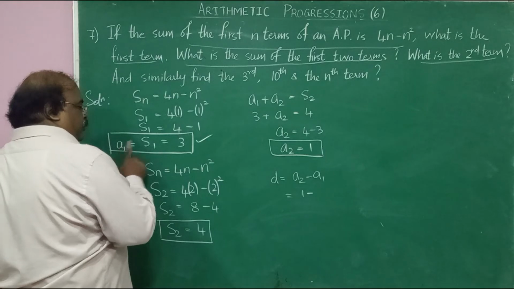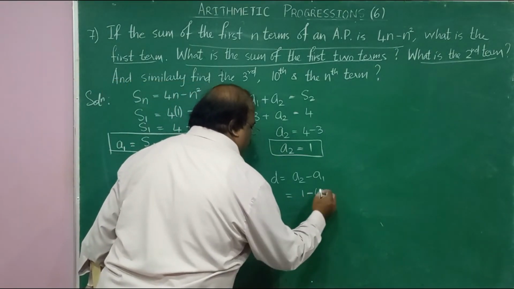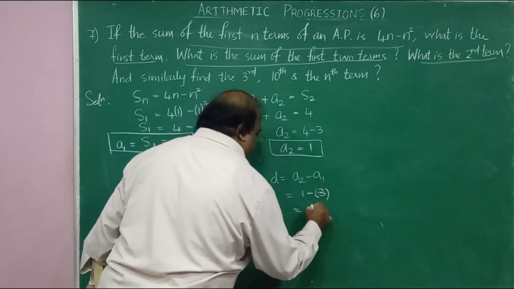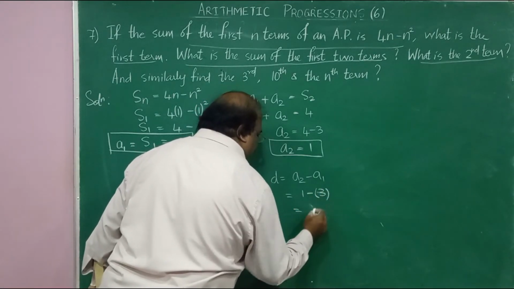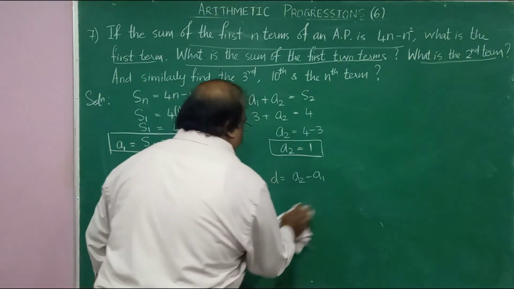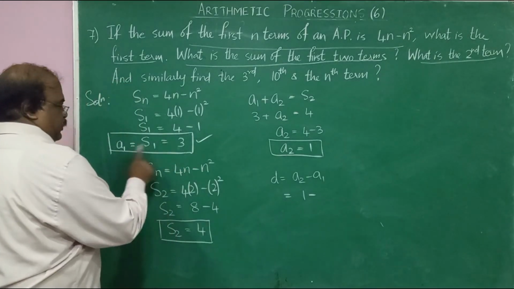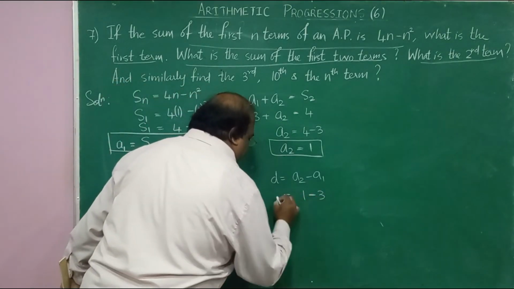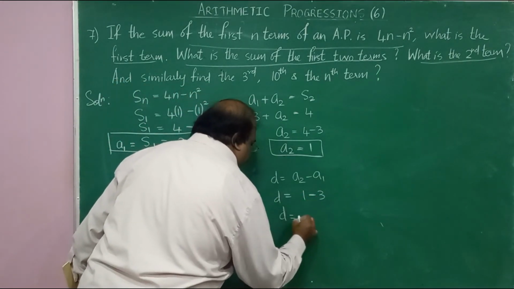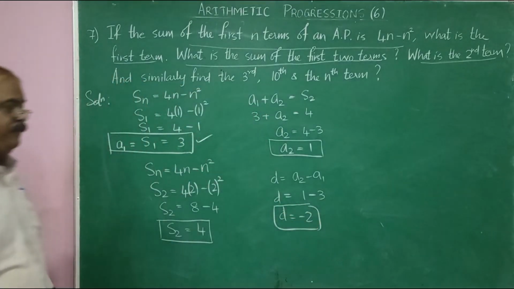What is A1? 3. 1 minus 3, what is 1 minus 3? Minus 2. A2 is 1, A1 is 3. 1 minus 3 is minus 2. I have got the common difference.